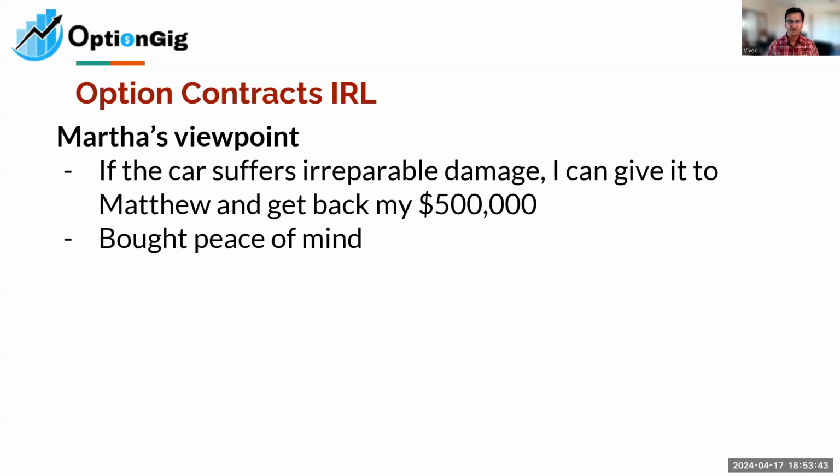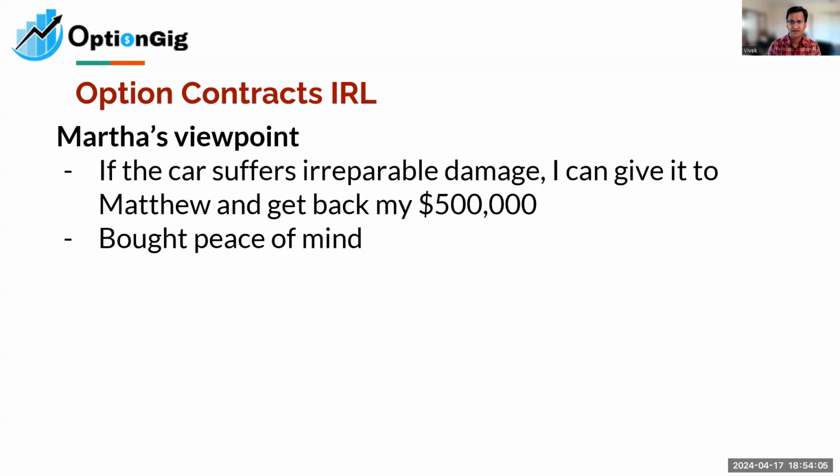There are a lot of crazy folks out there on a highway. You don't know what they've been drinking, what state they're in. They could total your car. So she bought peace of mind. She protected her $500,000 asset by buying an insurance policy and paying a premium of $40,000.